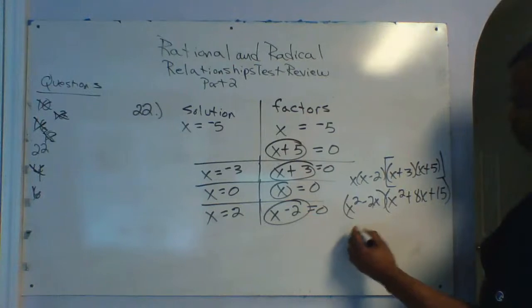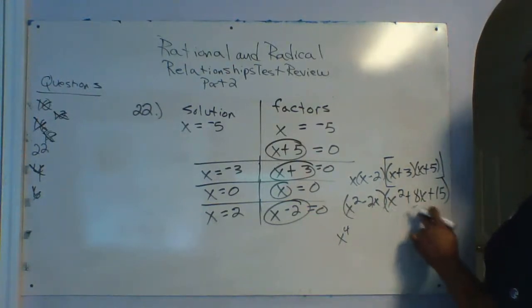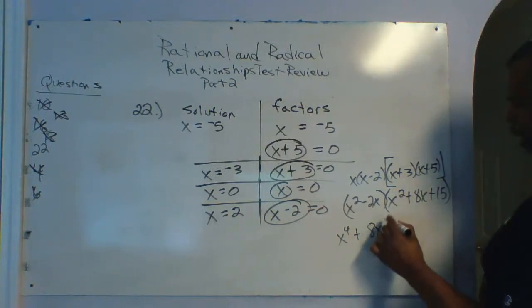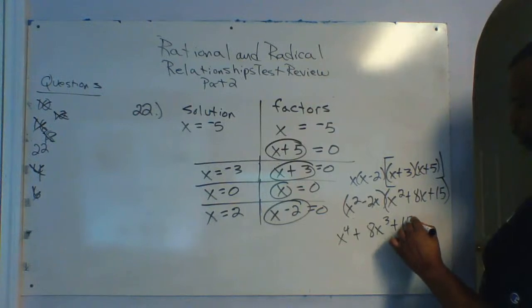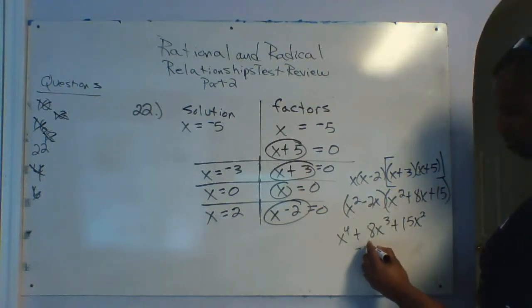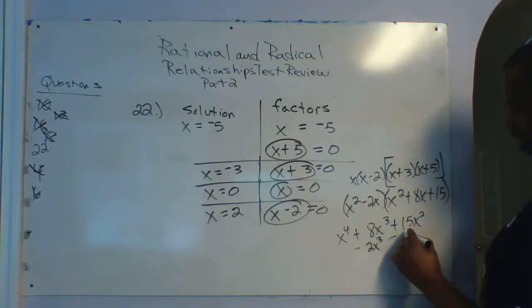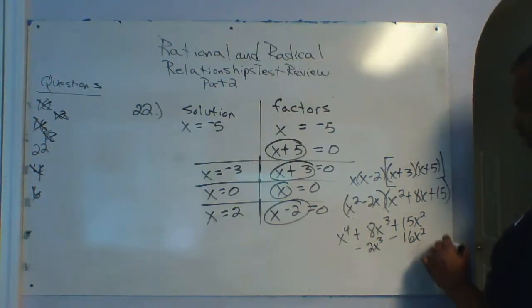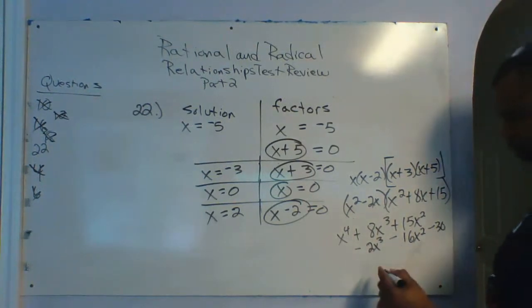So multiply this, that would be x to the 4th, multiply this, that's plus 8x to the 3rd, multiply this, that's plus 15x squared, multiply this, that's minus 2x to the 3rd, multiply this, that's minus 16x to the 2nd, and then this is minus 30.